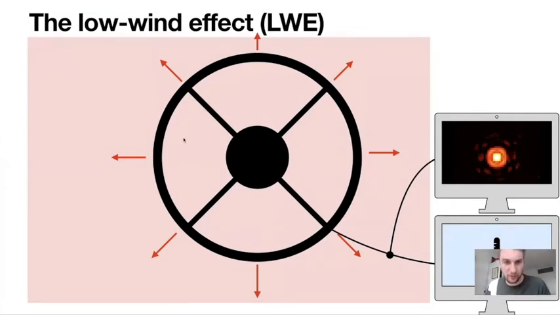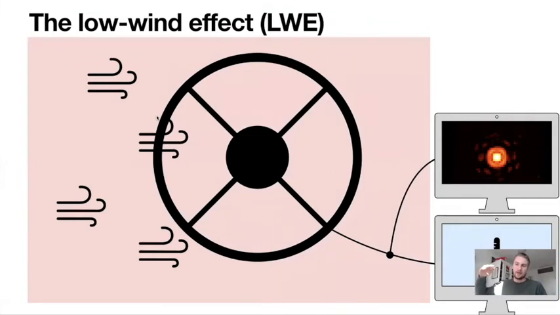This becomes a problem when you have some wind blowing over your telescope at slow wind, at a low velocity. This wind will hit your spiders, they will rapidly cool down, and then there will be a temperature step over the spider, and then a temperature gradient over these segments.